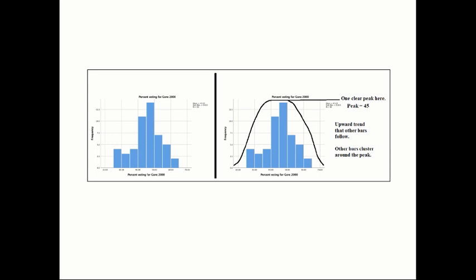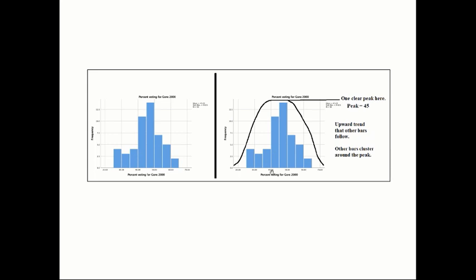Here is a histogram of a state's vote share for Gore in the 2000 presidential election. I drew an outline on top of it. From the outline, I could see that there is one clear peak around 45. Obviously there's no 45 on the x-axis here, so I just had to make a good mathematical guess.